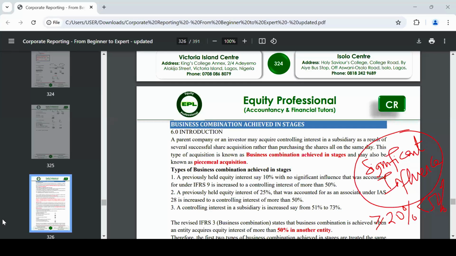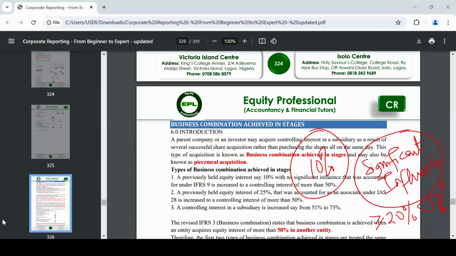Now, you may also have a case where a company only bought shares in the first instance, holding less than 20%. Say, for instance, maybe 10 or 15%. And over time, they decided to buy more shares.